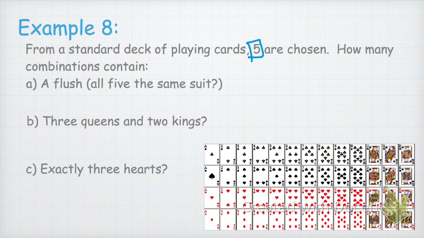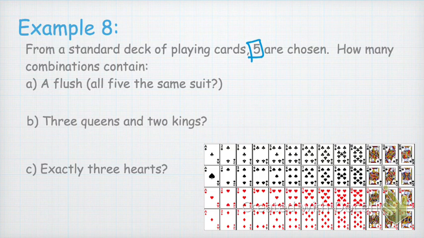And the first idea here is how many different ways are there for me to have a flush. A flush is when you have all 5 of the same suit. So let's say how many different ways are there for me to have, say, 5 different clubs.